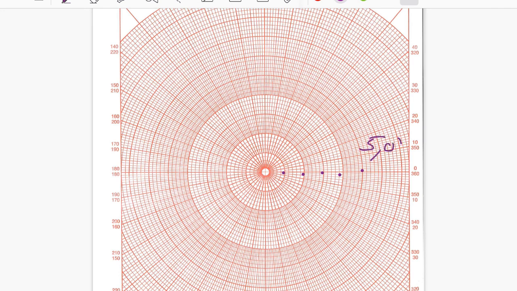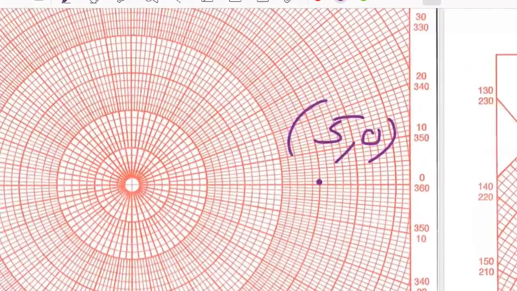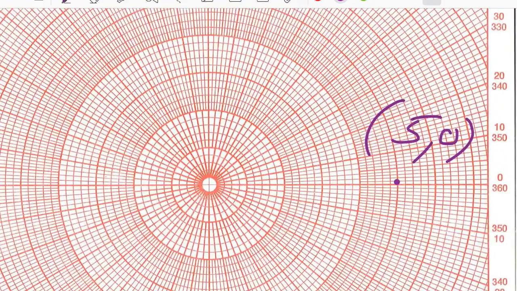Now, you don't need to label the points. I'm just writing that down so you understand that that purple point right there is 5, 0. How about 4.33, 10? Well, we'll continue to rotate 10 degrees. This time we'll count out 4.3 radii. Now, to count 4.3 radii, I would have to go 4.2 and then a little more.